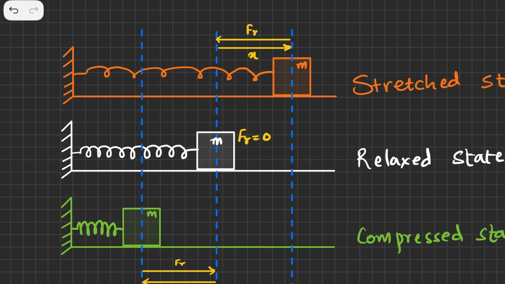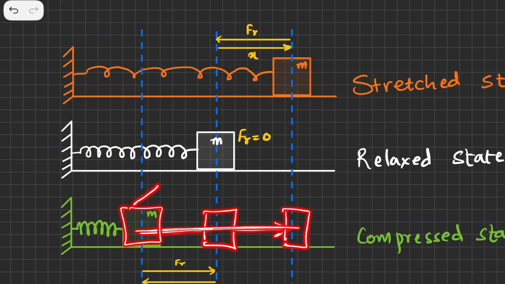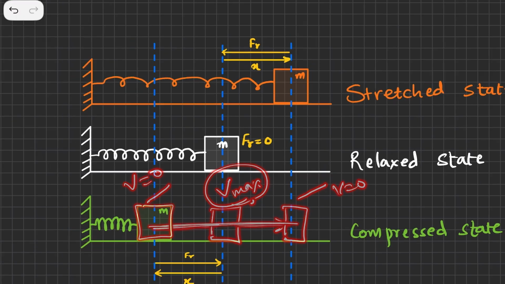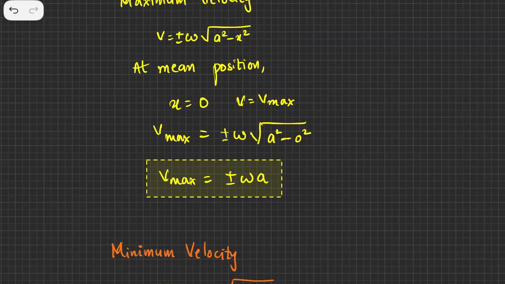When it comes back, it will again have the maximum velocity at the center. So at the extreme positions the velocity comes out to be 0, but the velocity would be maximum at the centermost position, and we do not yet know what the maximum velocity is. That's the reason we are going to discuss it in today's video.